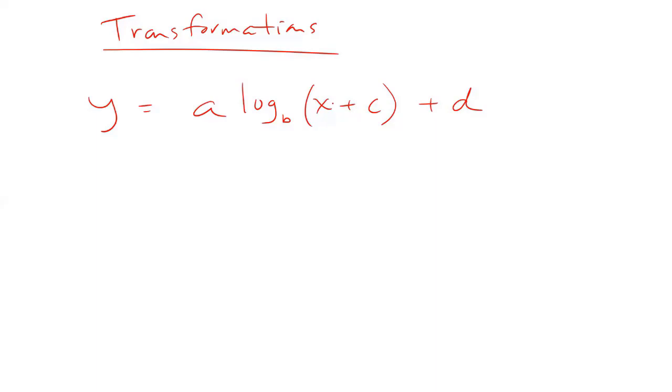All right, so remember transformations, right? Moving it sideways, moving it up and down, and reflections. So let's do the reflections part first. If a is negative, what that means is we have a reflection about the x-axis.